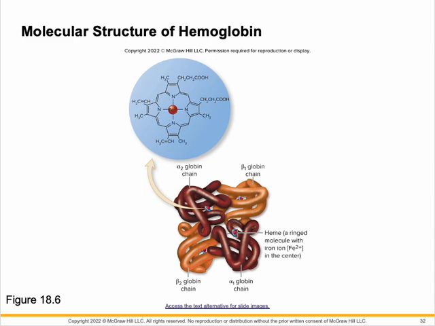And so it binds more easily, which makes it easier to bind the third oxygen molecule, which makes it easier to bind the fourth oxygen molecule. So this idea of cooperative binding means that as you bind more oxygen molecules, it makes it easier for the subsequent oxygen molecules to bind, right?